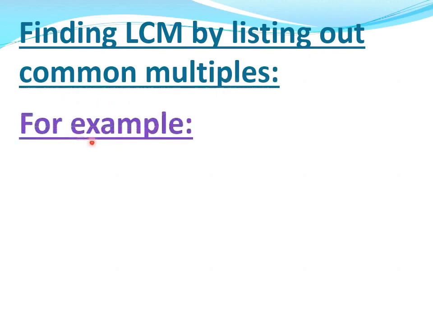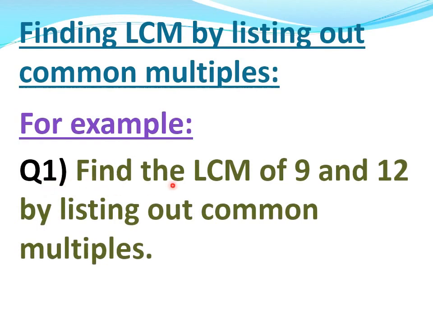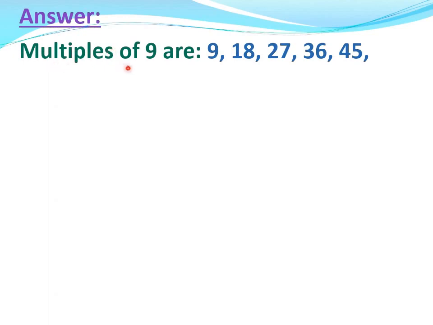See, example number 1. Find the LCM of 9 and 12 by listing out common multiples. Answer. Multiples of 9. First, we have to write multiples of 9. That means we have to write table of 9.